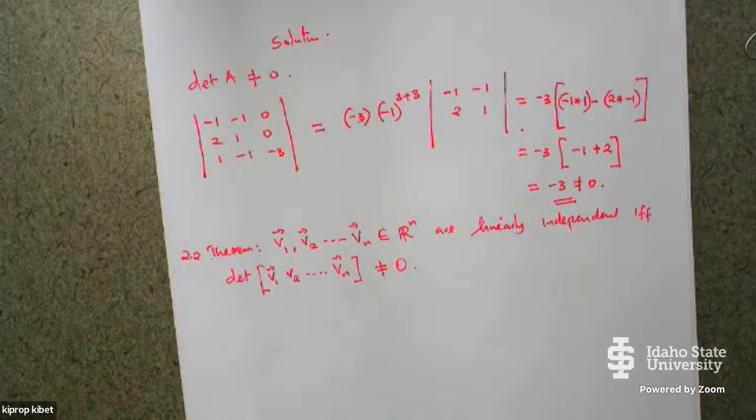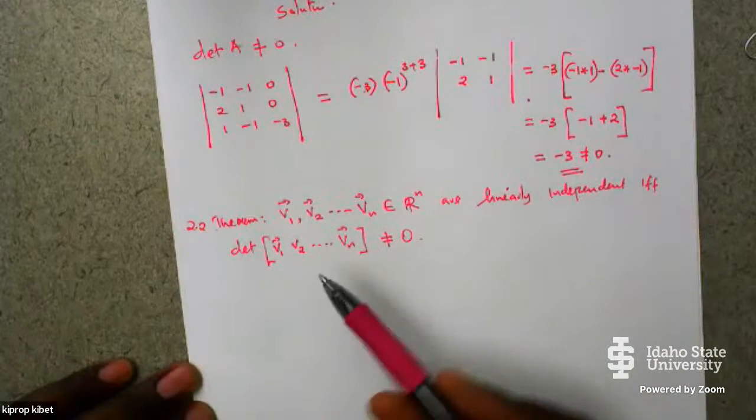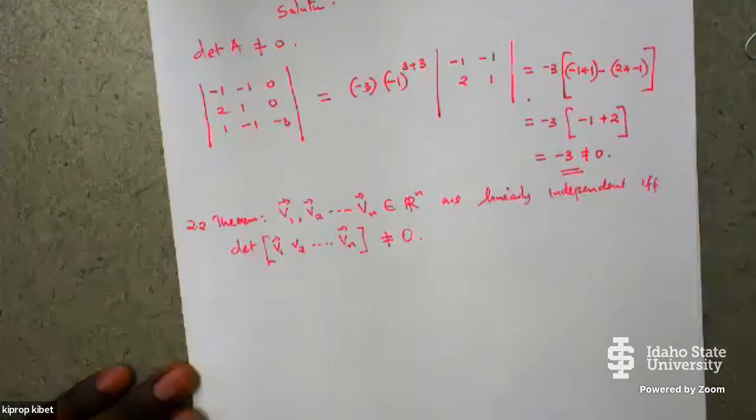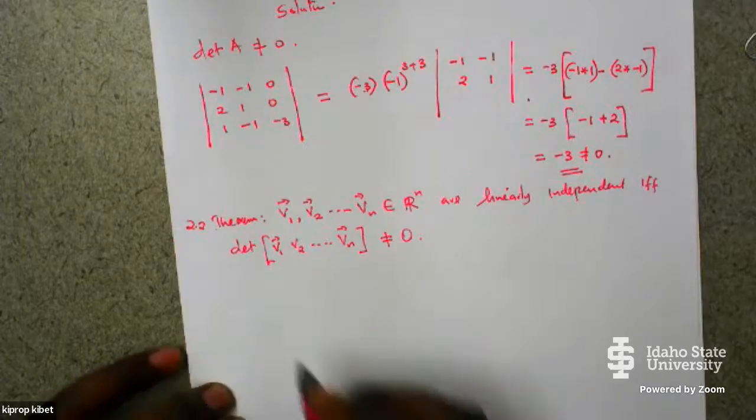It means the columns have no free variables, so we have pivot positions in each of the columns and the rows. Now, another way of knowing that the vectors are linearly independent is by getting the determinant. You can put the vectors in a matrix form and then get the determinant.